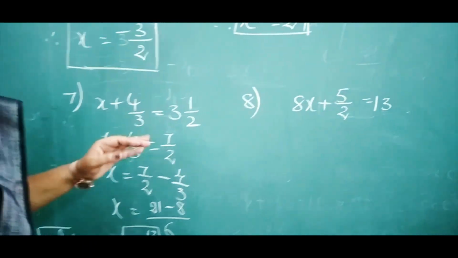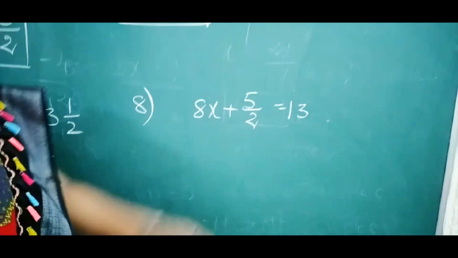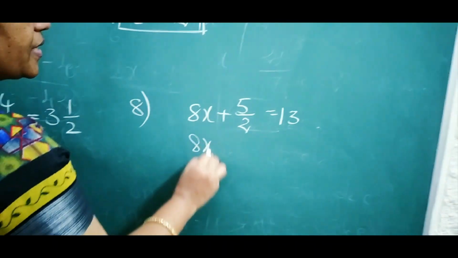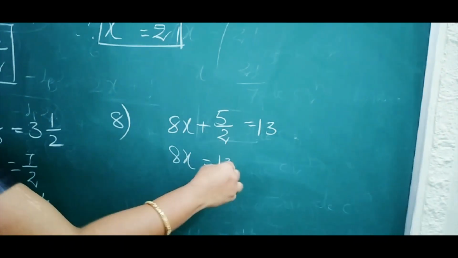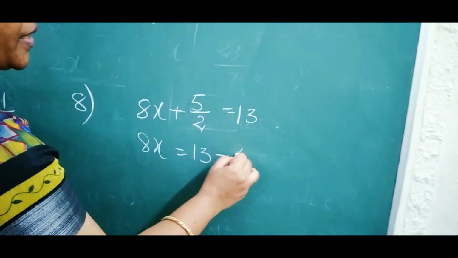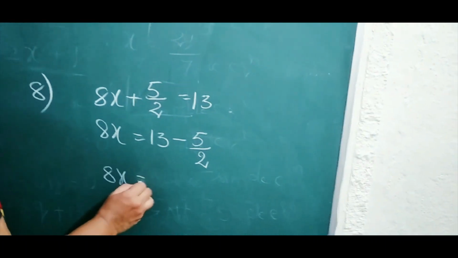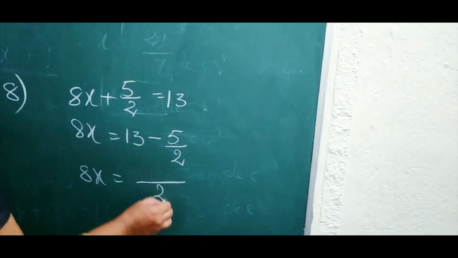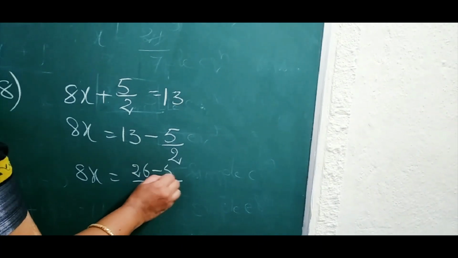Now, see another problem. 8x plus 5 by 2 is equal to 13. In this, 8x is equal to, write down 13 here, plus 5 by 2 transposed to that side. What we get? Minus 5 by 2. Now, 8x is equal to, LCM is 2. 13 2s are 26 minus 5.